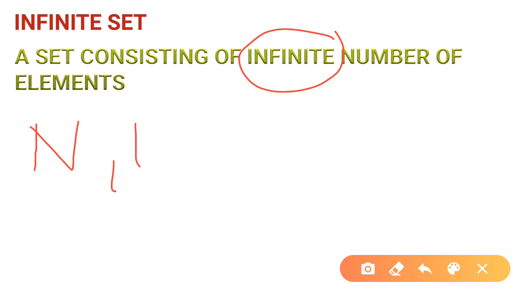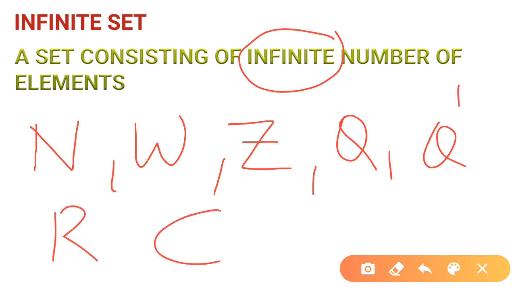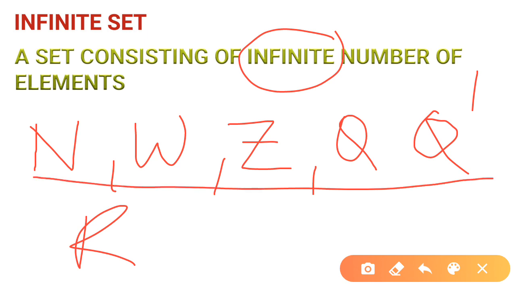Natural numbers, whole numbers, integers, rational and irrational numbers, real numbers and complex numbers, all are infinite sets. These are the examples of infinite sets, the most important examples of infinite sets.